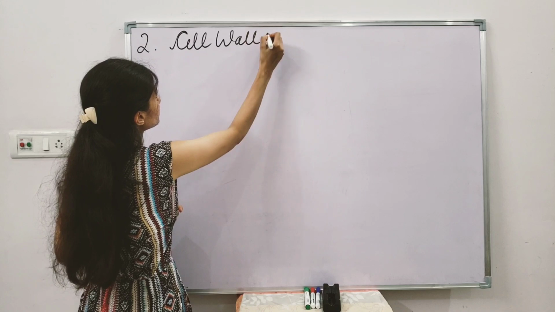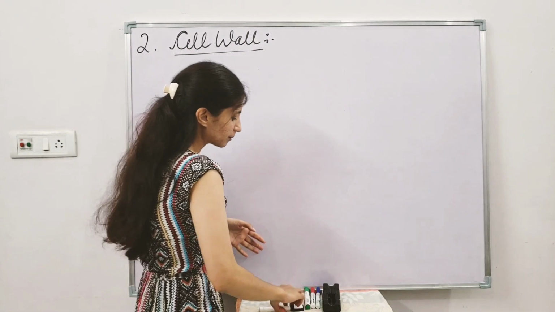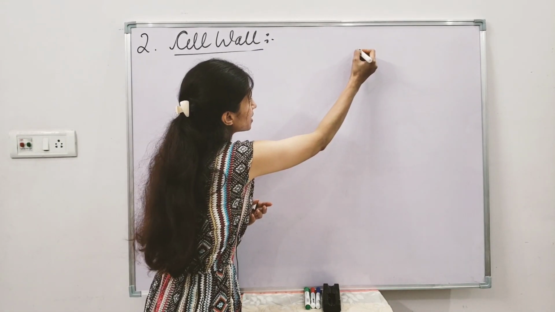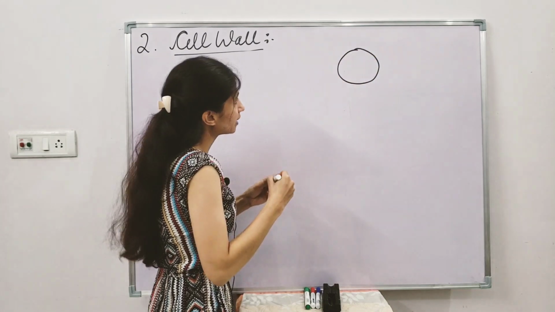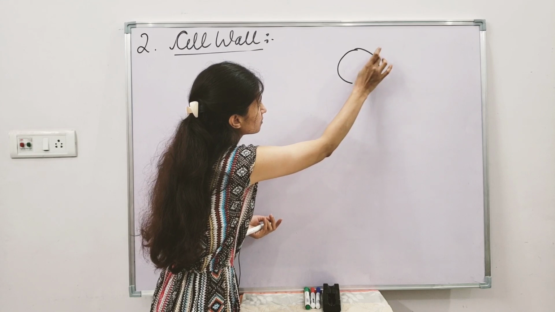A very important thing about the cell wall is that I'll make a small diagram over here just to make you understand what a cell wall is. This is your cell, and this is your cell membrane. I just made it porous because it is porous in nature.